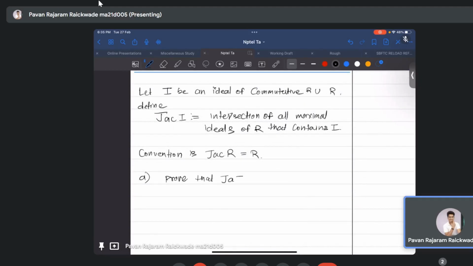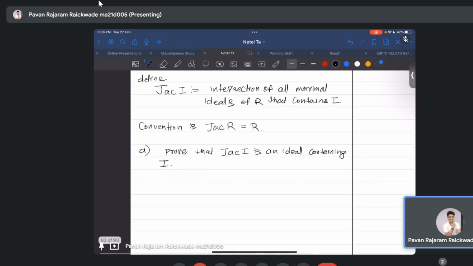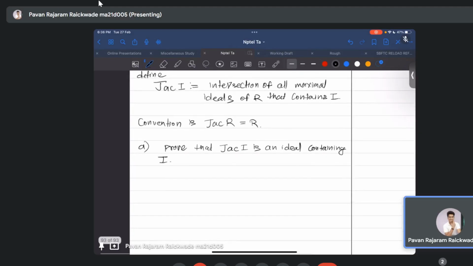Prove that Jac(I) is an ideal containing I. Okay. So how to prove this? Proof.